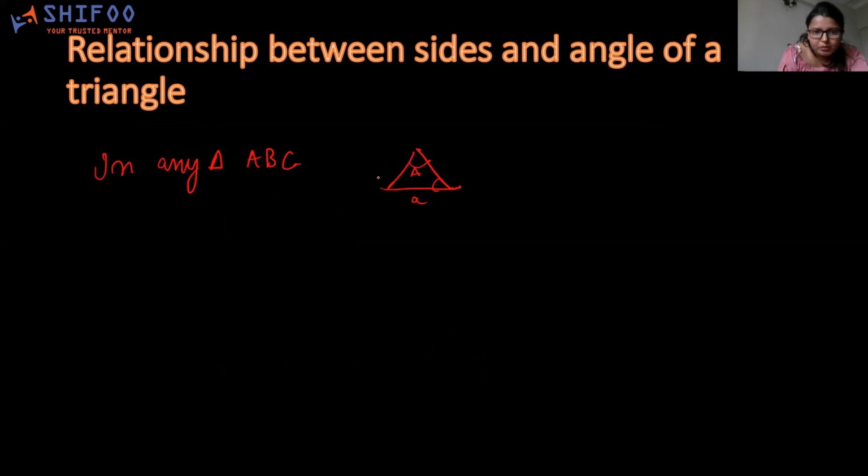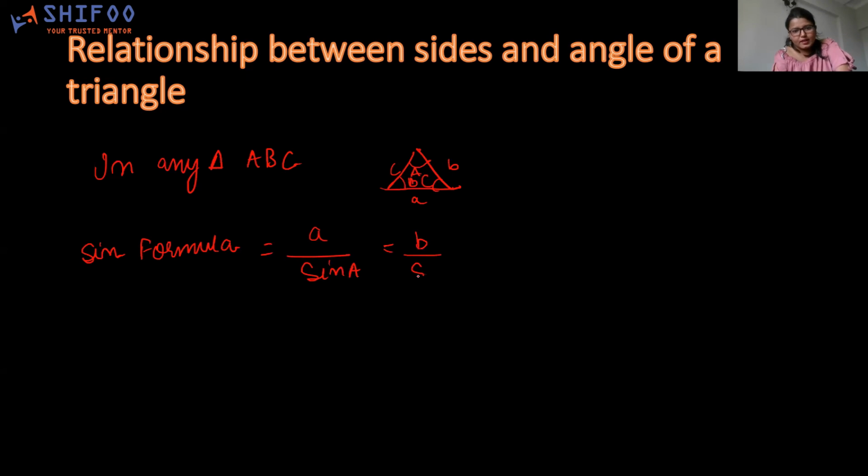This is angle B, the opposite side is small b, and this is angle C, the opposite side is small c. Okay, so the sine formula will be a upon sine A is equal to b upon sine B is equal to c upon sine C.